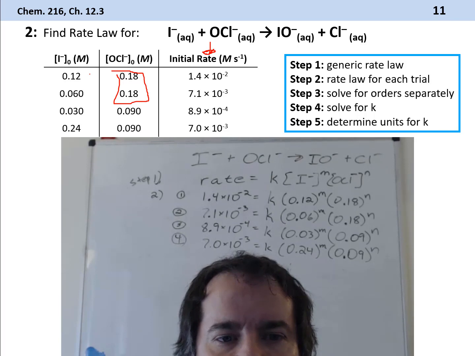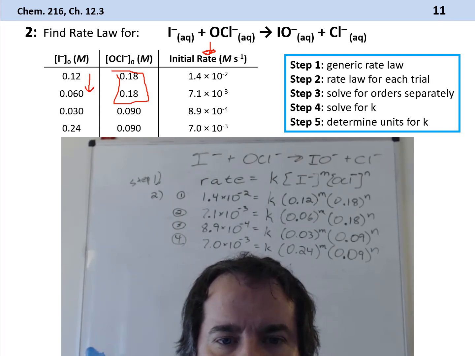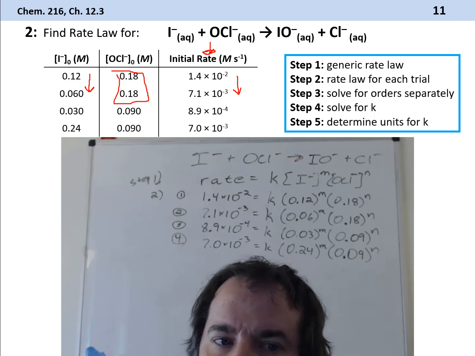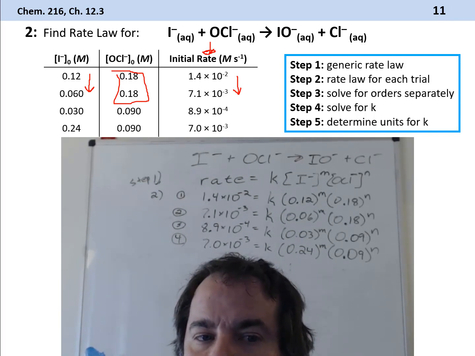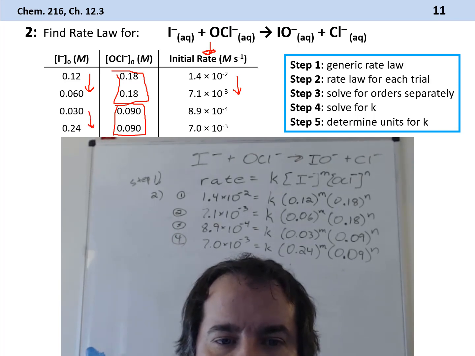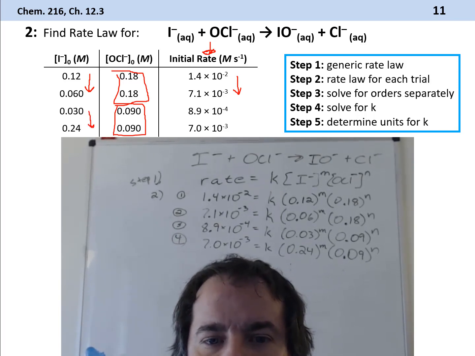But I'm changing my I-. So what that means is any change in the rate is due solely to changing the I-. Okay? In 3 and 4, I kept the OCl- constant again, changed I-, so any change in the rate is due solely to the I-.